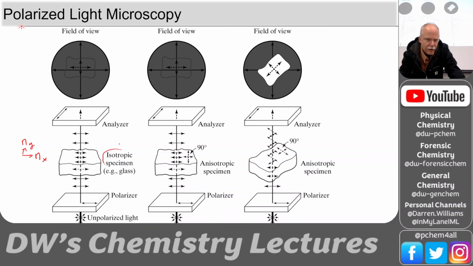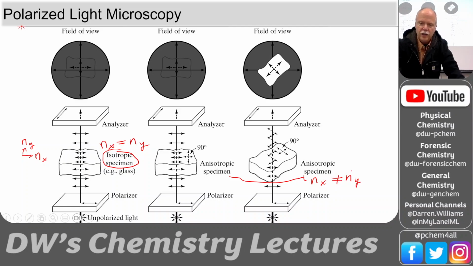And isotropic is n in x equals n in y. And anisotropic for both of these, n in x does not equal n in y. If that's the case, it will rotate plane polarized light.